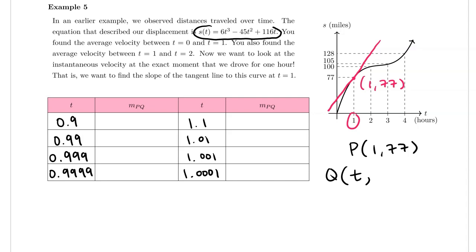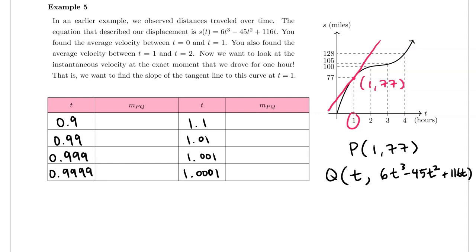Now we have our function. In the first example, we didn't have a function equation, but now we're given one. And so now we have 6t cubed minus 45t squared plus 116t.